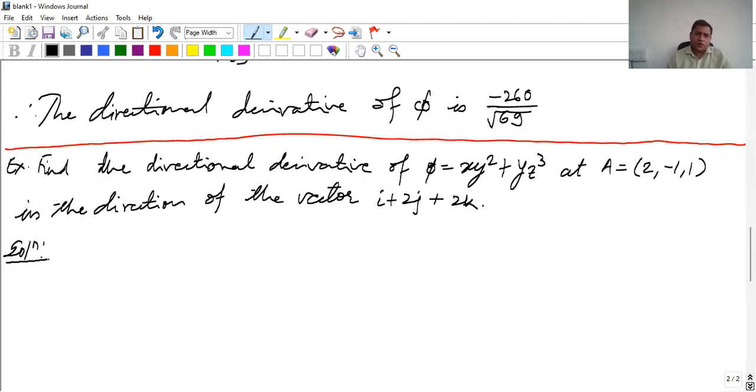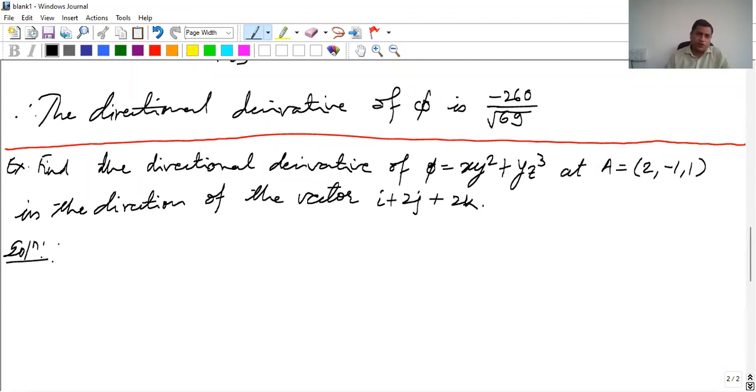So we go with the solution. Now here this vector a bar is already given, so we don't have to find a bar. In the last case, we had to find a bar. Here the vector a bar is given, so we can directly find del phi at this point and take the dot product with this.